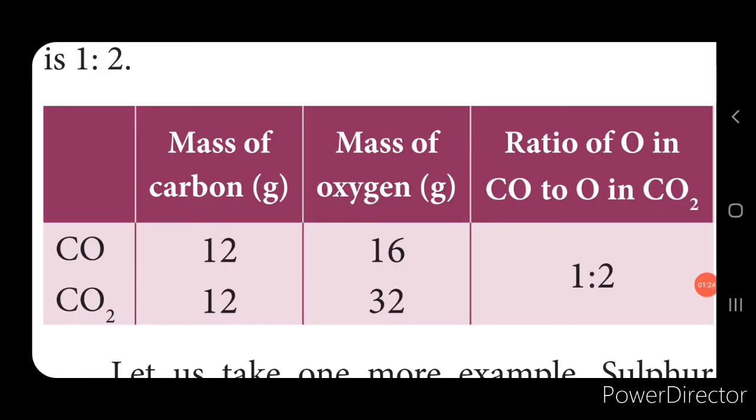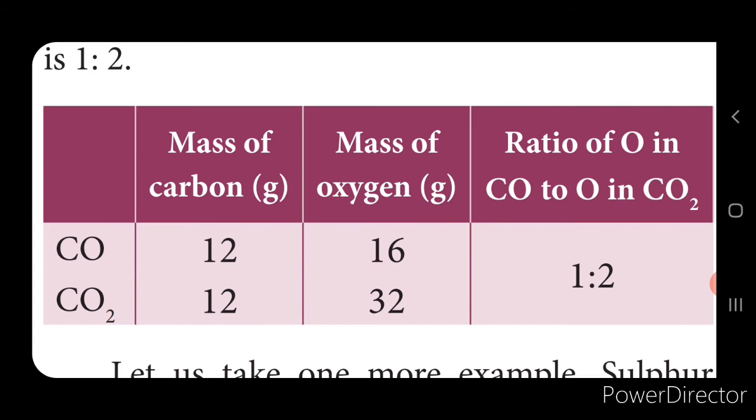Now this law states that when two elements combine to form more than one compound, the mass of the first element, which separately combines with the fixed mass of the other element, are in simple ratio. Now let me explain this with an example. Now there are two compounds, that is carbon monoxide and carbon dioxide.